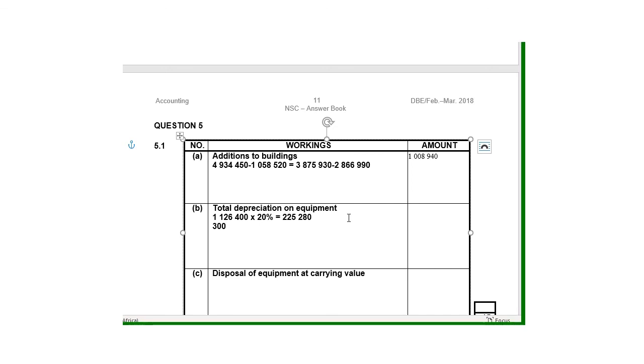For the new, I took the 300,000. I multiplied that by 20%, but I also multiplied by 9 divided by 12. And that gave me the 45,000. So I added the 45,000 and the 225,280, and that gave me the total depreciation of 270,280.